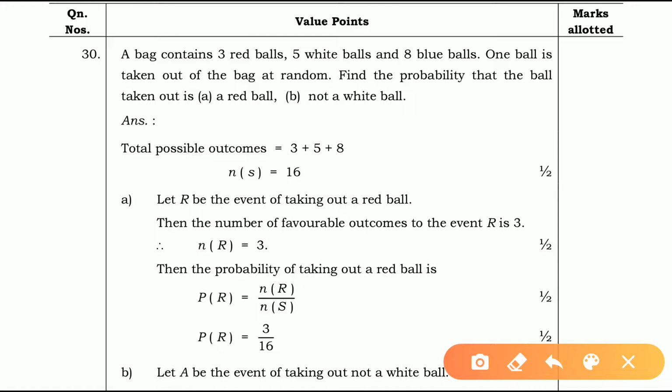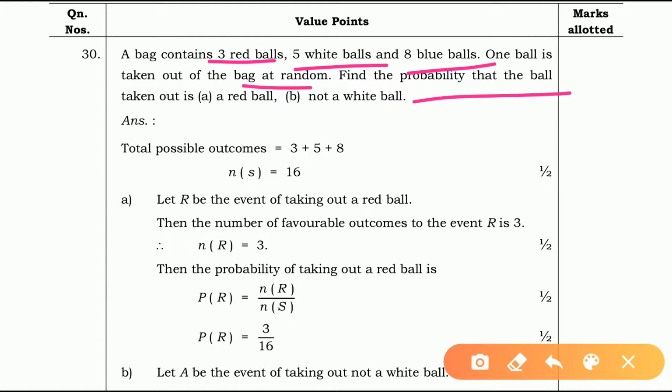Question number 30. A bag containing 3 red balls, 5 white balls, 8 blue balls. One ball is taken out of the bag at random.